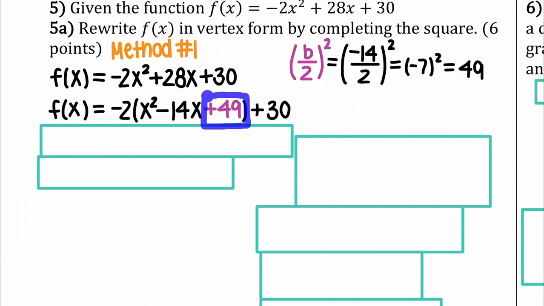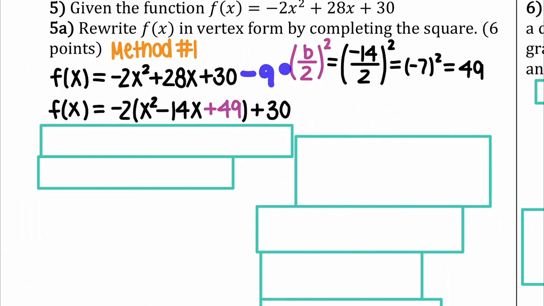So what we want to think to ourselves is, how do we undo the effect that we just did? Even though it looks like we just added 49, in reality, if we were to distribute, distributing the first two terms will guarantee that we have these two terms. But once we distribute the negative 2 to the 49, that tells us that we changed the equation by negative 2 times 49, which is negative 98.